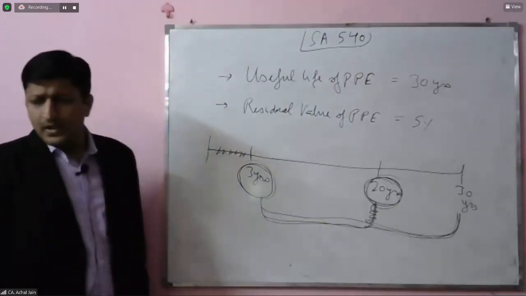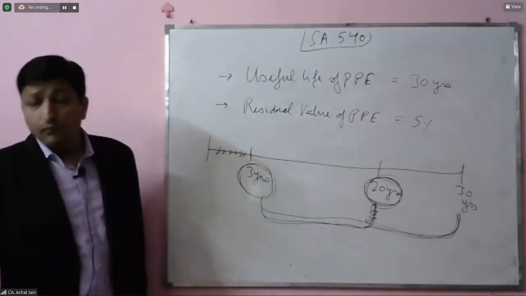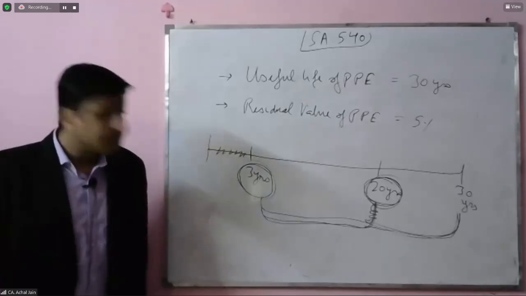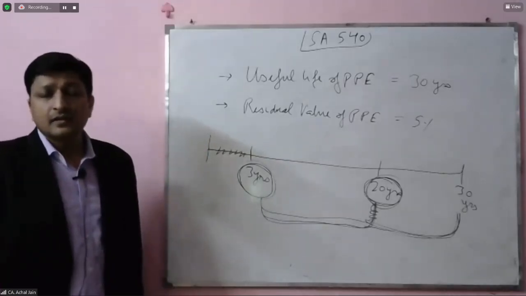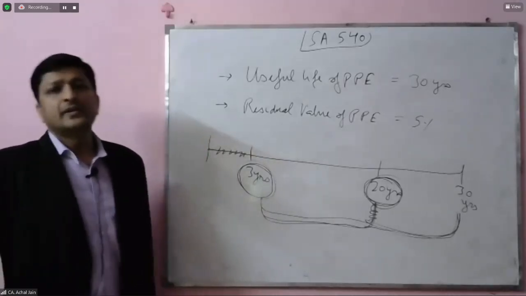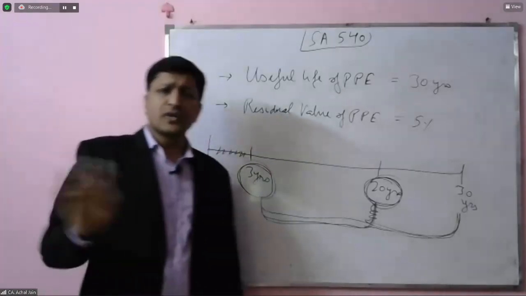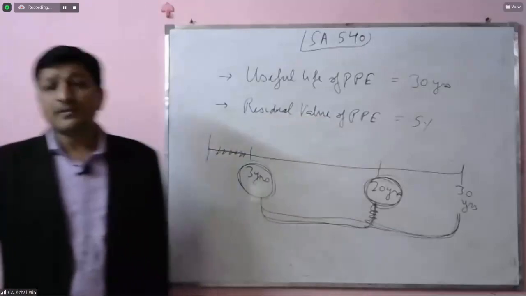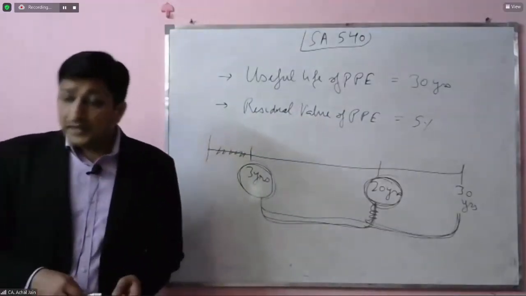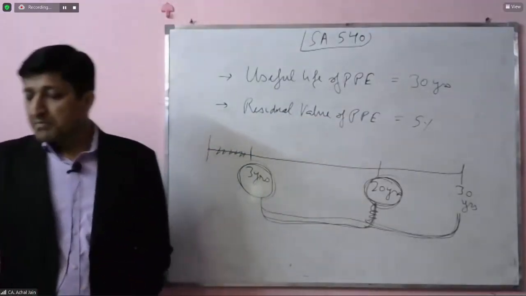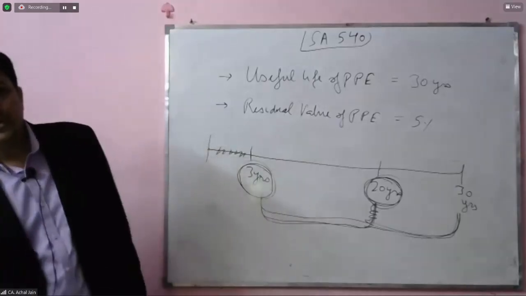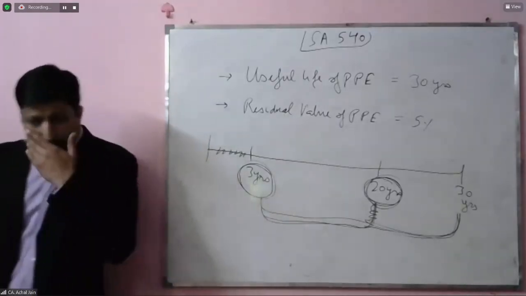So in this case, we understand that this accounting estimate may be manipulated by the management. It's possible. So we are not saying it will be done always. No. It may or may not be done. But this is something which is possible, which can be done by the management.